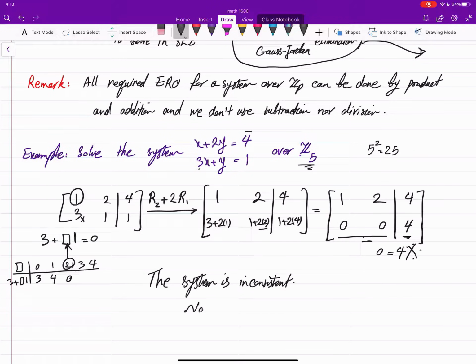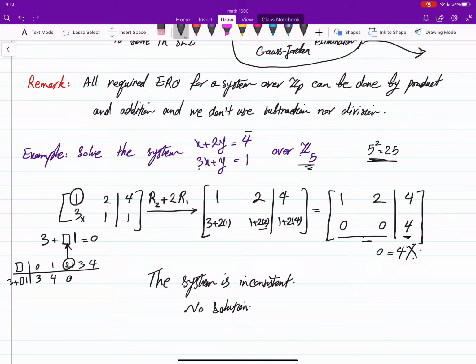No solution, that's the other way of saying that. Remember, with 25 possible vectors, you had to plug in all 25 and compute all of those things to reach the decision that the system has no solution. But now we got it by one step of row reduction.